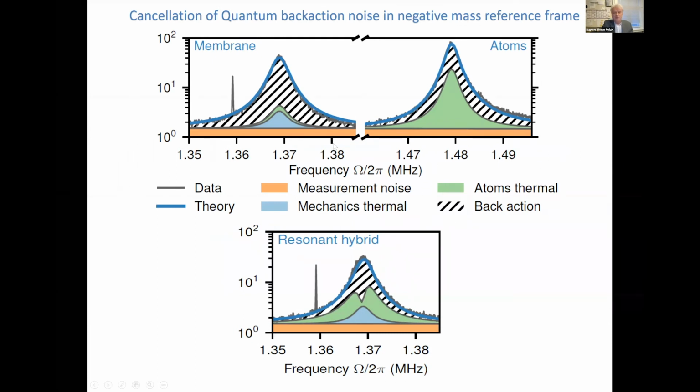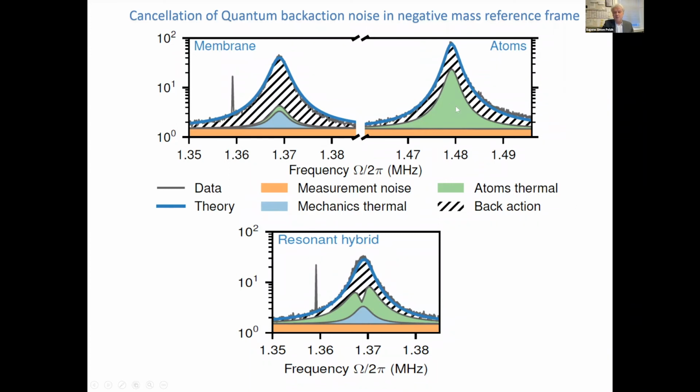So if I first measure on the membrane, and I've shown you this result already, this is more quantitative. So make a measurement on the membrane, and the checkered area is the quantum back action, and it dominates over all other kinds of noise. And if I now work on the atoms separately, I also have the result of the noise dominated by the quantum back action.